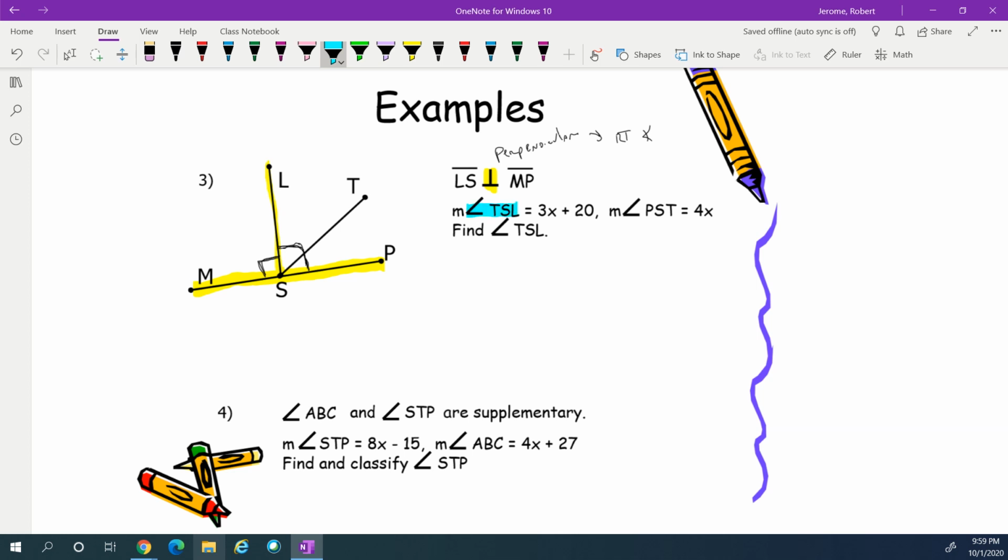So angle TSL, and angle PST. Well, together they make that right angle. That's exactly what we're going to do. Angle TSL plus angle PST makes the 90 degrees. And again, we know it's 90 degrees because those lines were perpendicular. A little substitution.